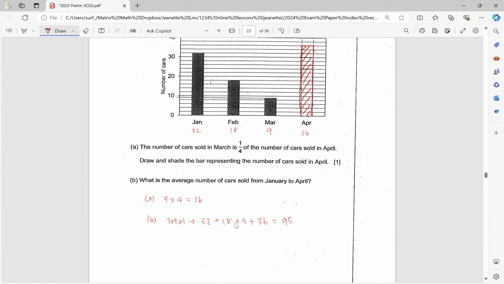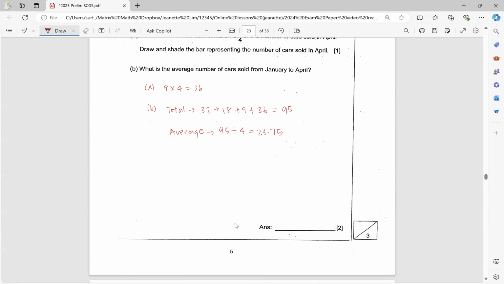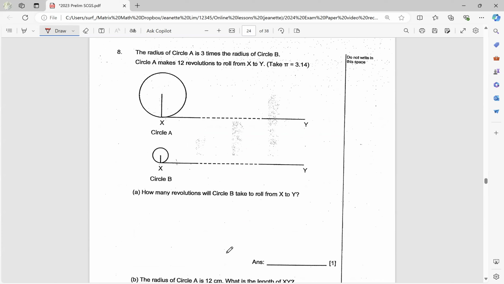So the average of the 4 months will be 95 divided by 4, which is 23.75 cars. It doesn't matter if it's not a whole number because the average is just a number, not the actual number of cars.